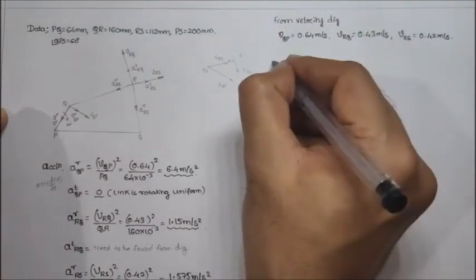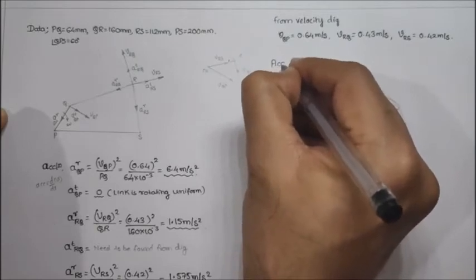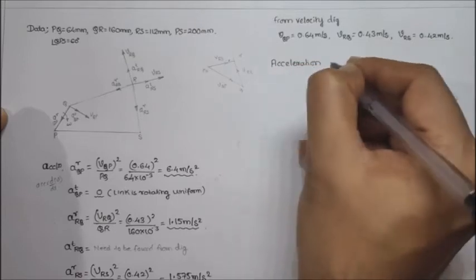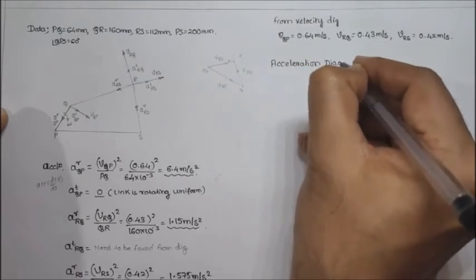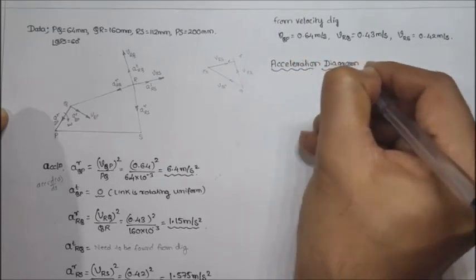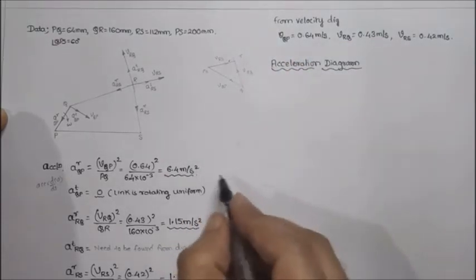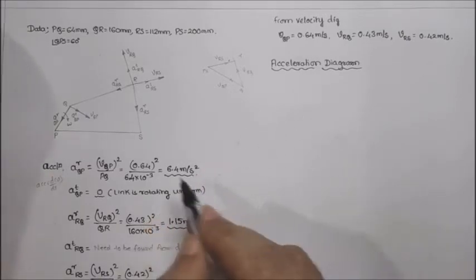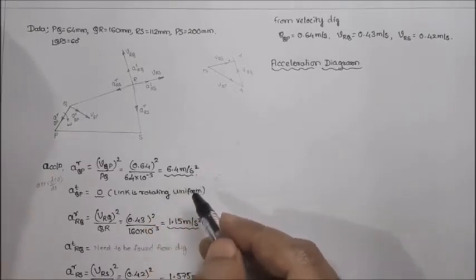We'll write here acceleration diagram. Out of these, which one is the maximum that we'll be choosing, because that will be the highest vector because it is having the maximum magnitude.